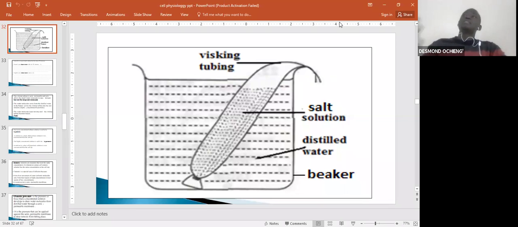A highly concentrated solution is the same as a concentrated solution. The opposite of that is a lowly concentrated solution or a dilute solution. Highly concentrated solution, the opposite to that is a lowly concentrated solution. A concentrated solution, the opposite to that is a dilute solution. It is the same thing, Clinton, okay? Yes.